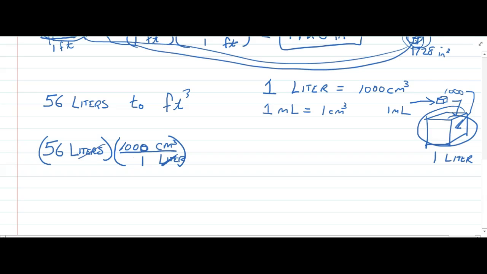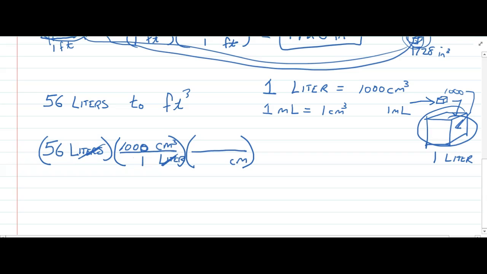So liters will now cancel. Notice that the liters wasn't cubed or anything in terms of the math. It's understood that a liter is a volumetric cubic unit. It's given anyways, because a liter is defined as 1,000 cubic centimeters. Well, now we have to handle this cubic centimeter here. Well, now we're back to the old-fashioned thing that we were doing in the last example.